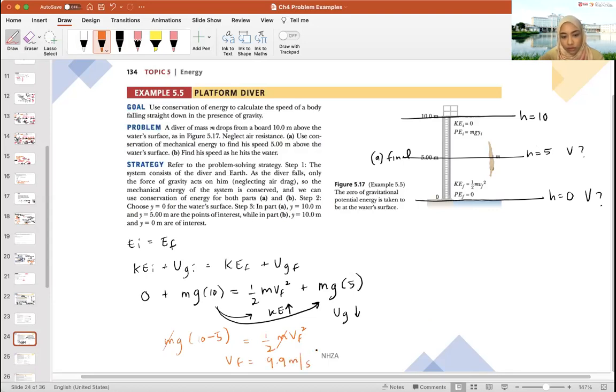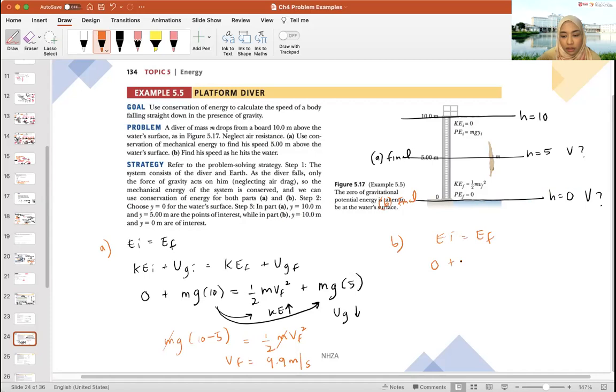Okay, so now for part B, this is part A. So for part B, the final is now over here. We want to know what is the V over here, so we need to assume that this is our final energy position. So EI equals to EF, and EI is the same.